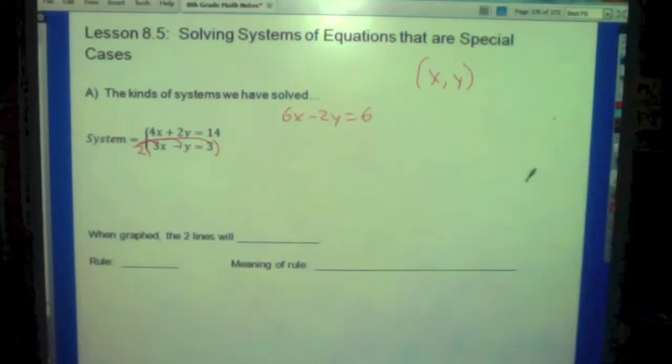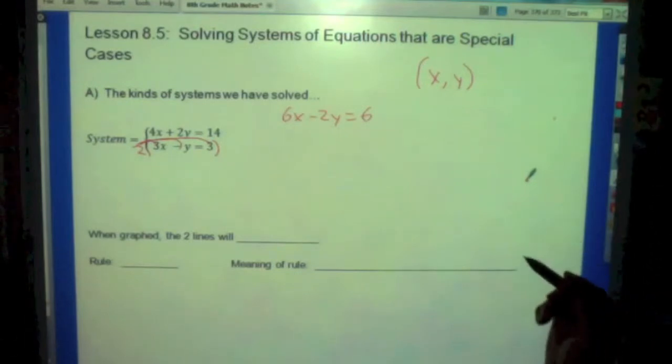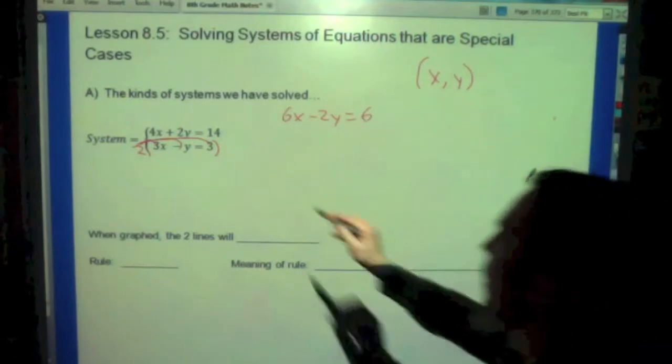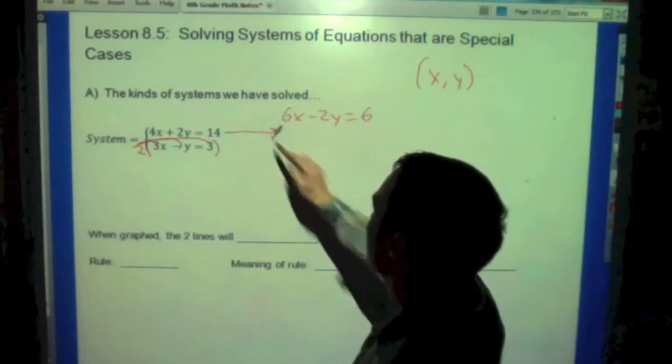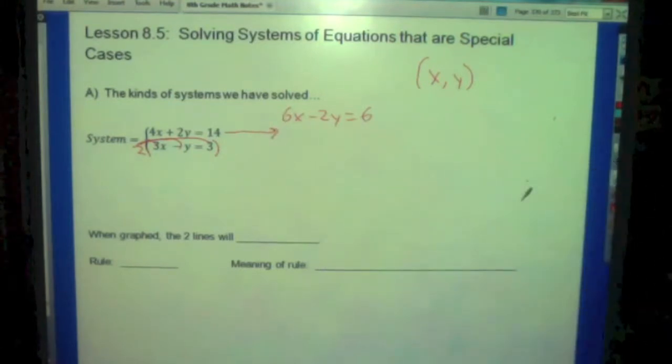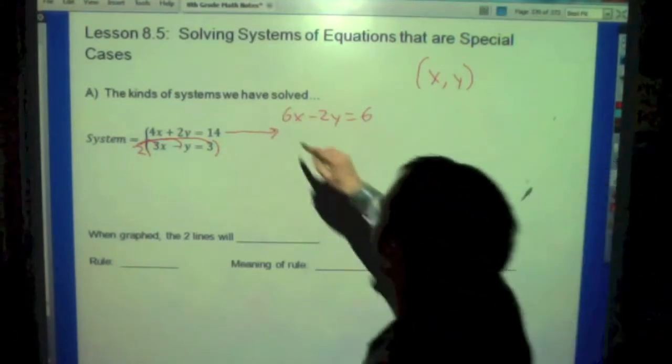There's my second equation. I've multiplied everything by 2, just like the steps we've been doing in the last couple of lessons. Now I'm going to stack and add. I'm going to take my first equation and move it right underneath this second equation so that I can add them up.